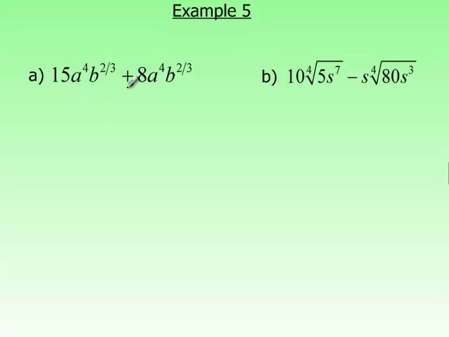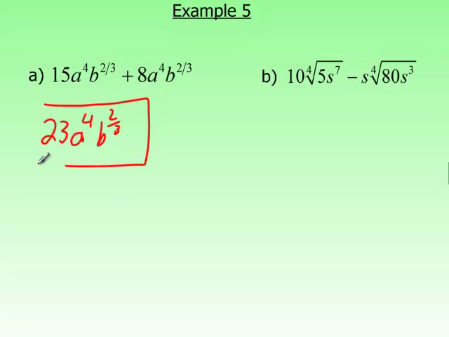In this case I can do them. Addition and subtraction are very picky, you have to be very specific as to what you can add and subtract. So I would simply add these together, and that would give me 23, and then it's just a to the 4th and then b to the 2/3. Okay, and that's it.